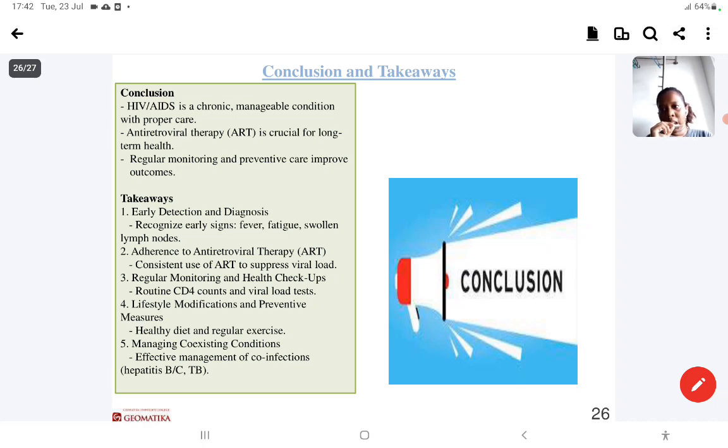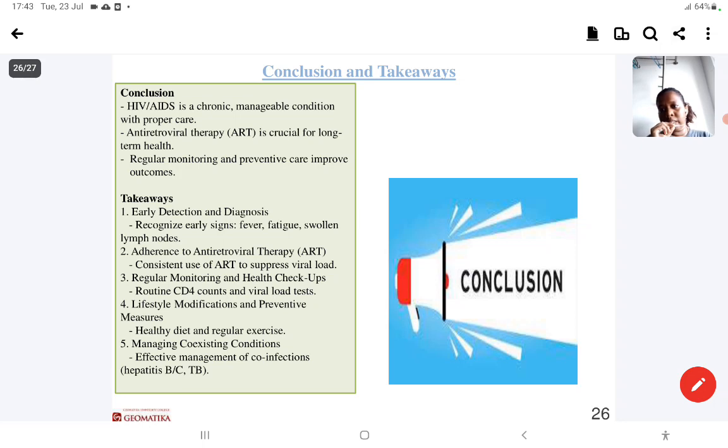So the takeaway will be early detection and diagnosis. Have to recognize the early signs such as fever, fatigue, and swollen lymph nodes. The second will be adherence to antiretroviral therapy, the consistent use of ART to suppress the viral load.